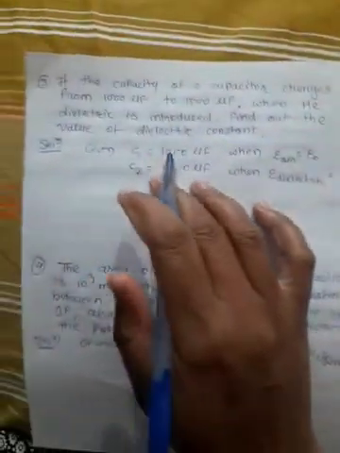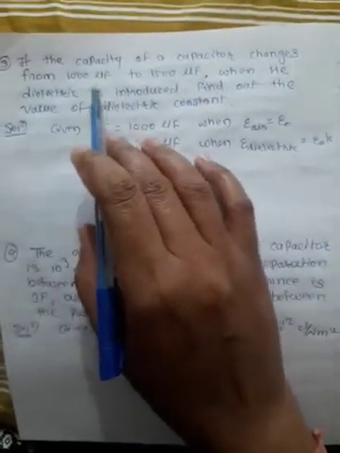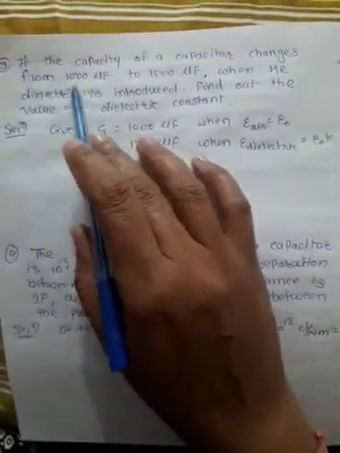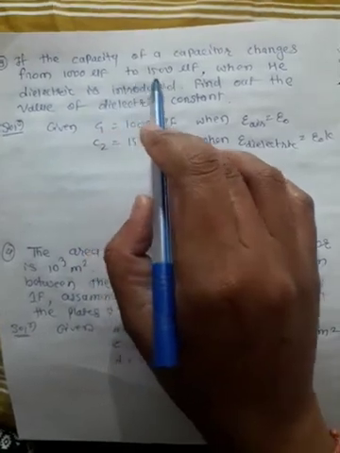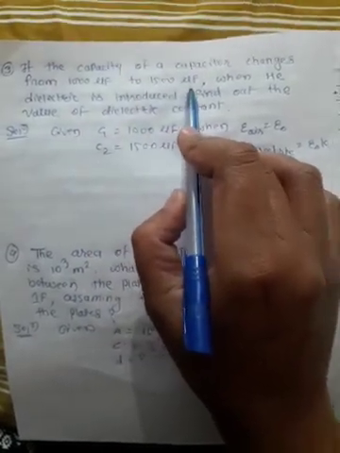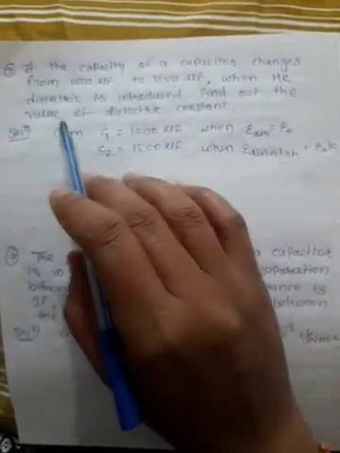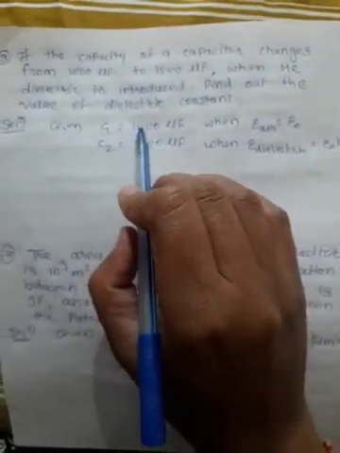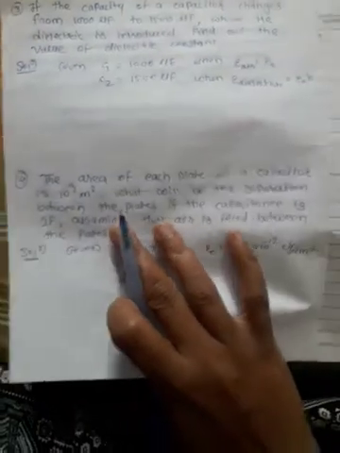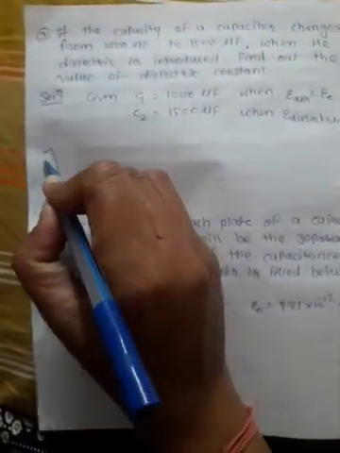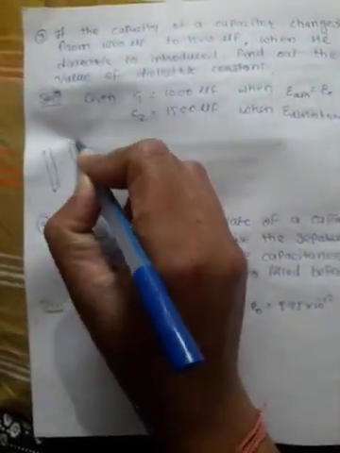Next: if the capacitance of the capacitor changes from 1000 microfarad to 1500 microfarad when the dielectric is introduced, find the value of the dielectric constant. Here we take a two-plate capacitor.